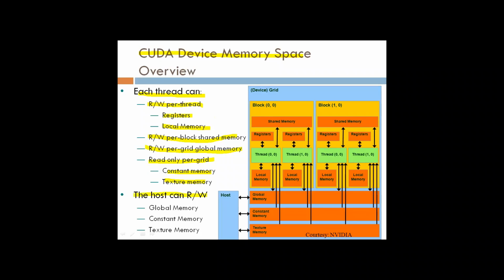And if we talk about the host, this is the host part over here, and this is the device part, right? How does the host communicate with the device? The host communicates with the device through global memory, constant memory and texture memory. The host can read and write to the global memory, the constant memory, and the texture memory.